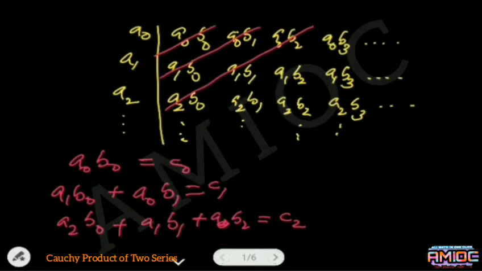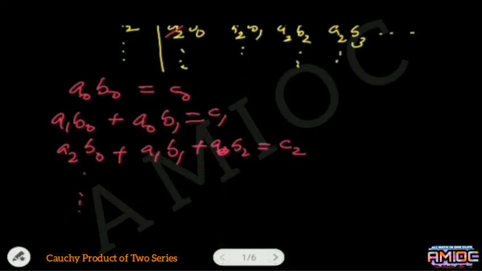And going on this way, we get c0 is a0 b0, c1 is a1 b0 plus a0 b1.